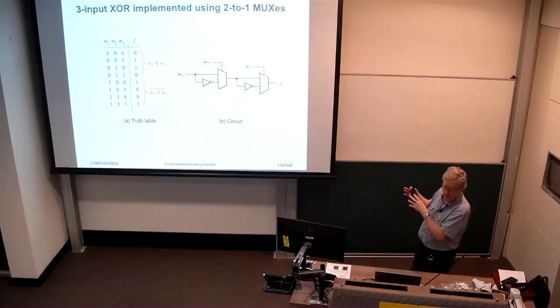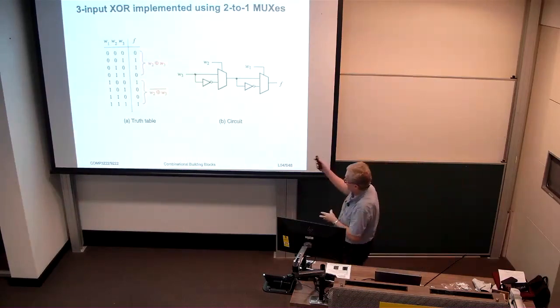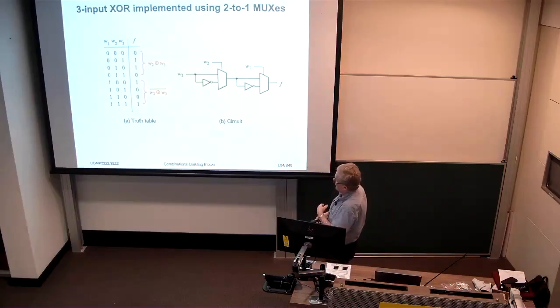We could work on a number of other examples. Here's an example of how one could map a 3-bit exclusive OR function to 2 2-to-1 muxes.